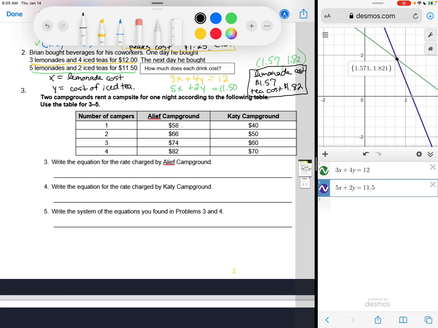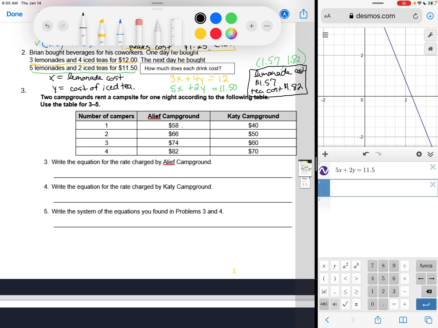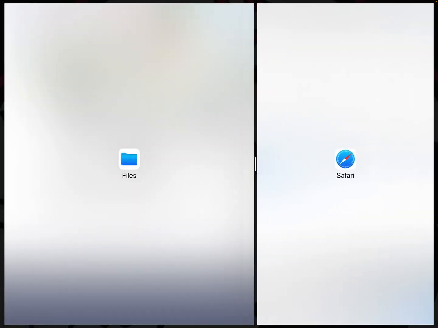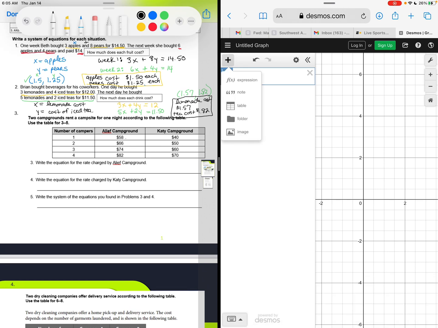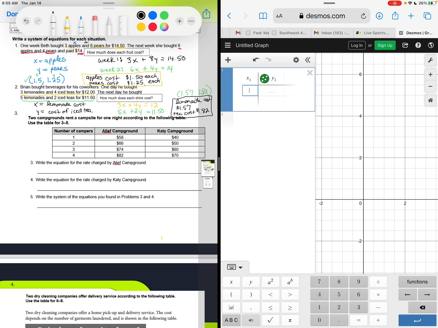All right, and so what we're going to do here is we're going to use this Desmos calculator to our advantage. I am going to slide this over so that I can see a bit more, because I need to click the plus sign right up here in Desmos, and I'm going to tap table. All right, and the first table I'm going to make 2, one for Alief and one for Katy. All right, and we may not remember these steps. That's why I'm going to review it.